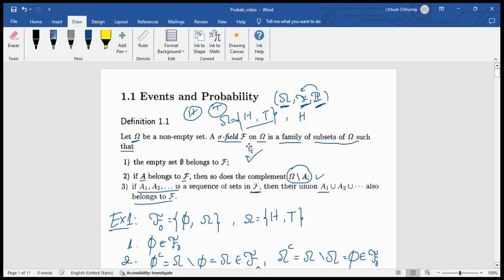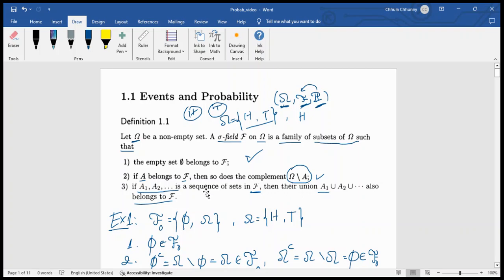A sigma field F, or sigma algebra F on omega, is a family of subsets of omega such that: 1. The empty set belongs to F. 2. If A belongs to F, then the complement of A, which is equal to omega minus A, also belongs to F. 3.